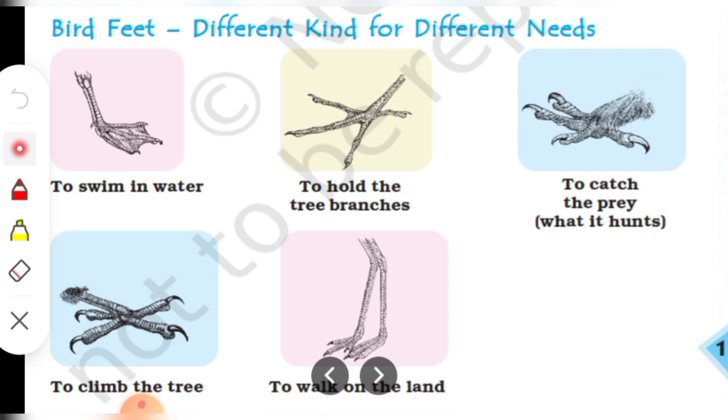Some birds like the eagle catch their prey with the help of their feet. Feet also help them to climb the tree. And some birds walk on land, and this kind of feet helps them to walk easily.